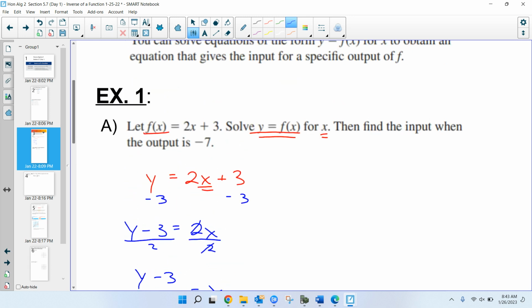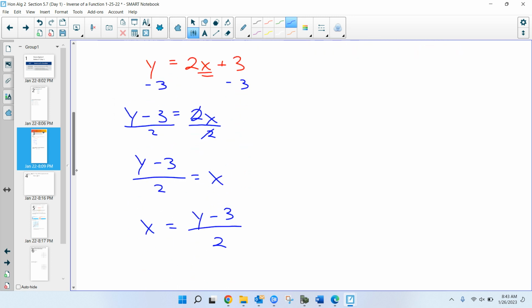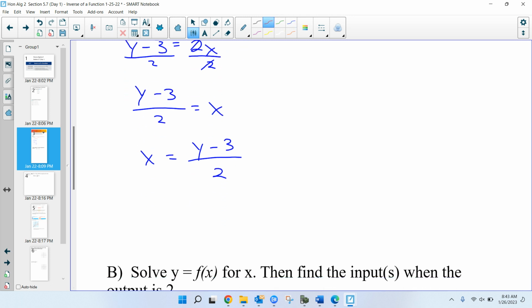Then find the input, x or y. What's the input? X. X is always the input for us, right? Find the input, find x, when the output, y, is negative 7. So plug in negative 7 for y.